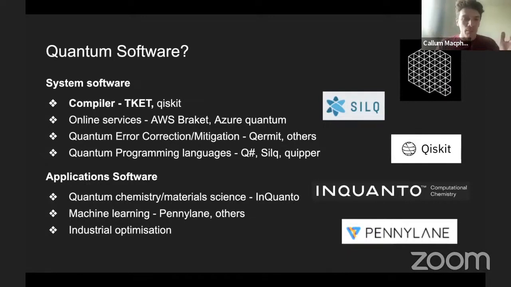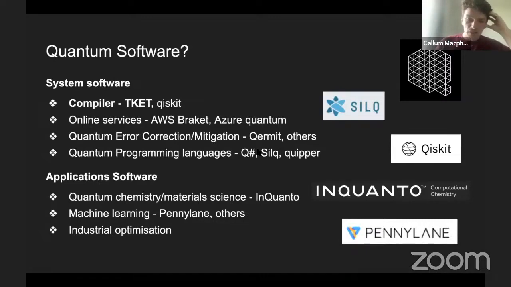Additionally, there's some software which relates to error correction or error mitigation, and this is to help resolve any errors which might occur over the course of your computation. And then there are specifically quantum programming languages, which are programming languages based around working with quantum information. Some examples are Microsoft's Q#, for instance, or Silq.